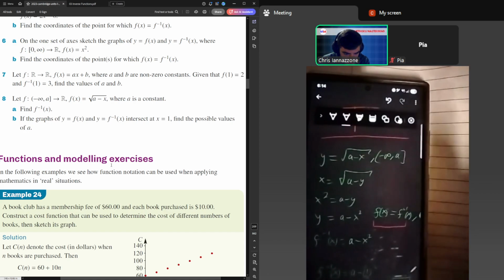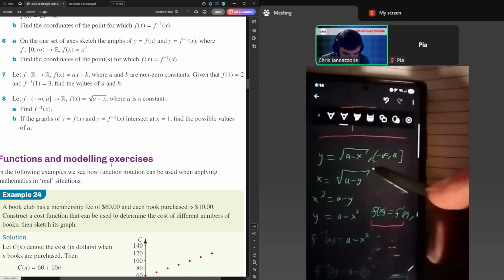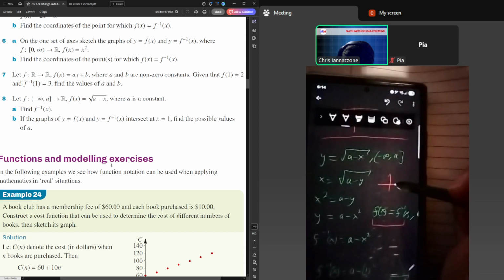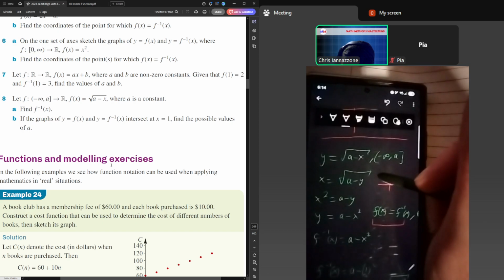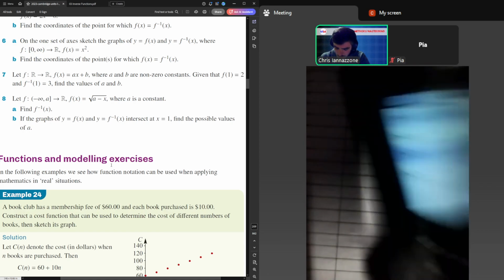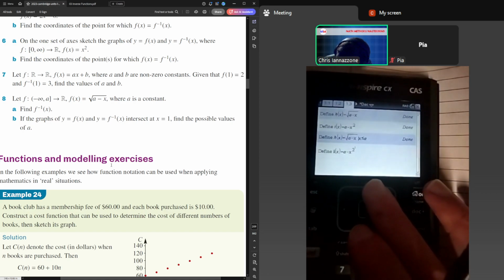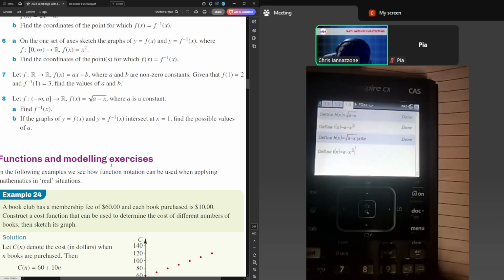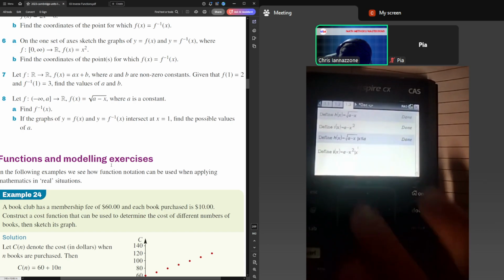So for this one, range would be, square root pointing that way. So we're now looking at a as a lower bound. So all x greater than or equal to a.